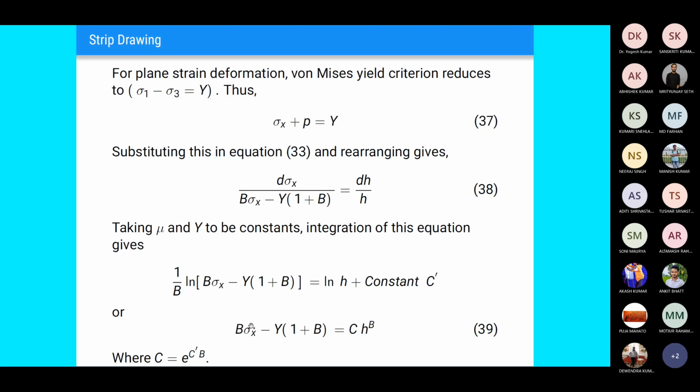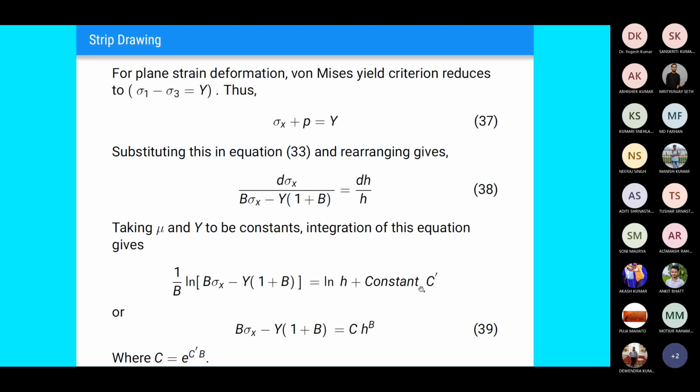Again, by simplification you will get some term something like this. Just a second, let me check it. Equation number 39 seems to have an error. No, it is correct. After simplification, this equation ends up with this particular term, and here the constant c is representing e raised to the power c dash b, because this c dash constant was here.